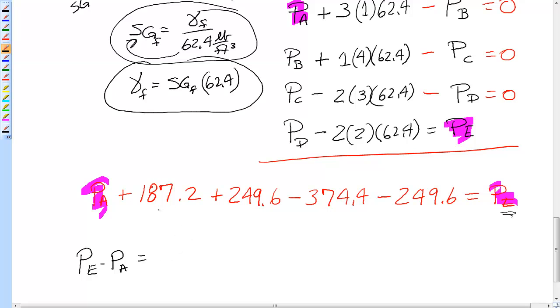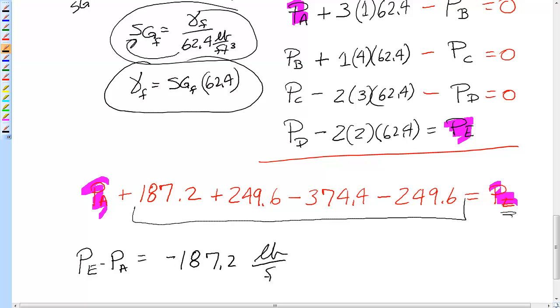That's just equal to this whole term: 187.2 plus 249.6 minus 374.4 minus 249.6, and you get around 187.2 pounds per square foot.